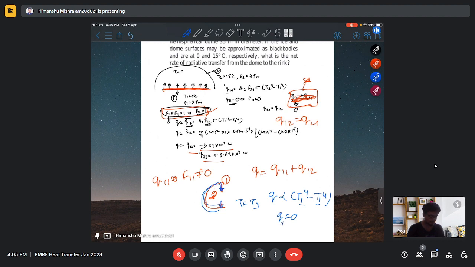So basically I should write that the total heat transfer is due to only surface 1 to 2 or surface 2 to 1. That's it. Yeah, so it's a bad way of writing it. It should not be written like this. Am I making sense here?